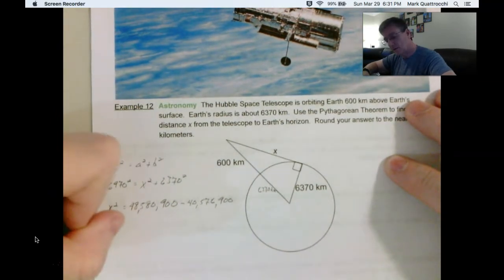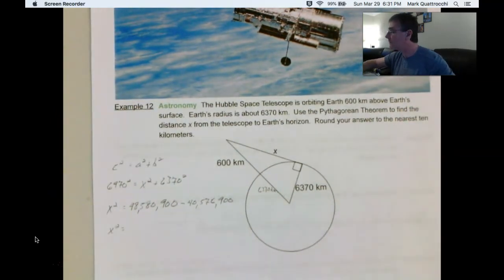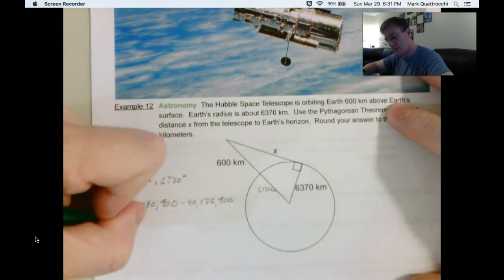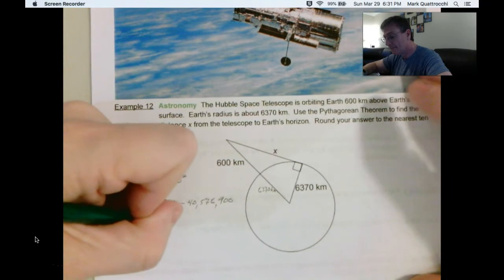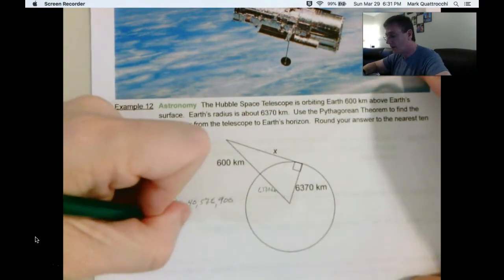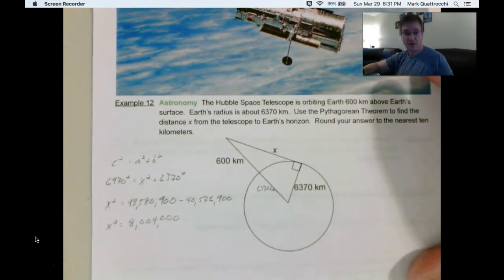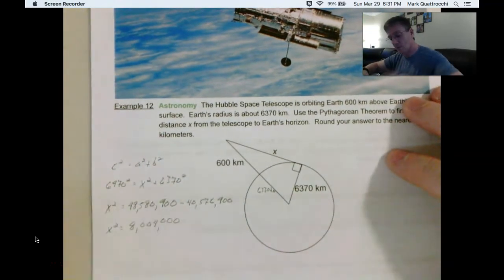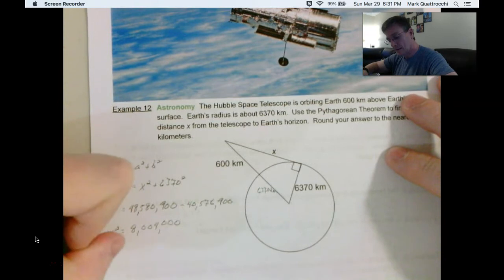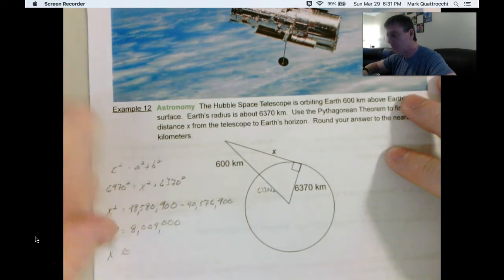X squared equals 8,004,000. And we're going to round this answer to the nearest 10 kilometers. So I'm going to square root this now. And we're going to get x is approximately.